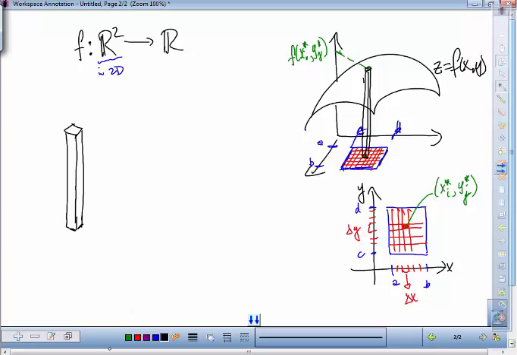So again, you have some sort of delta x, delta y, and then the height.